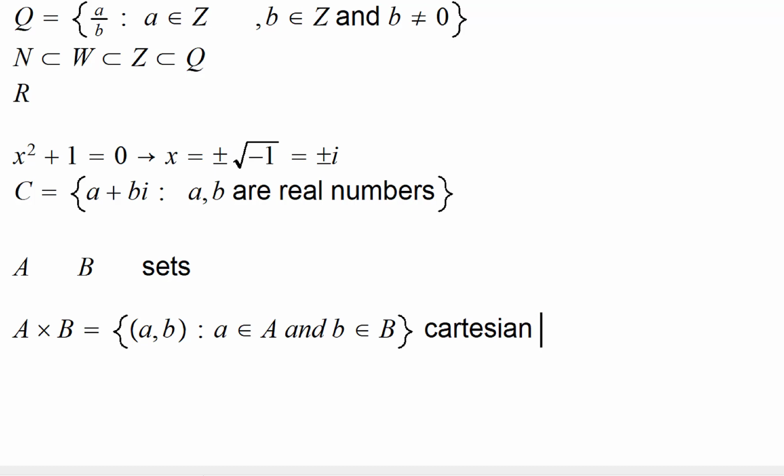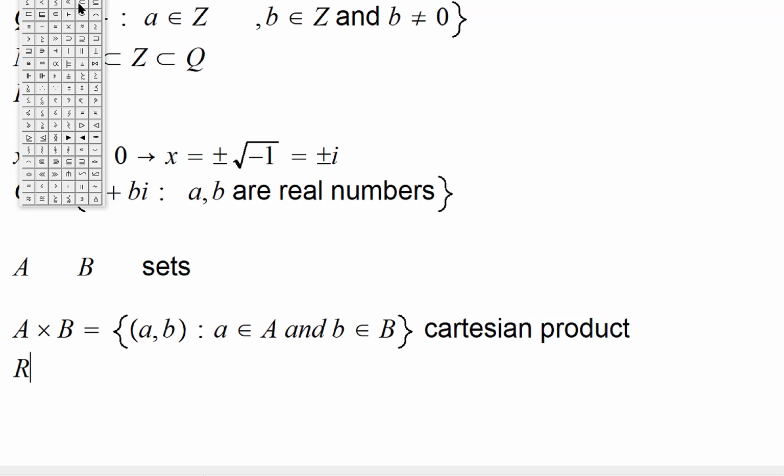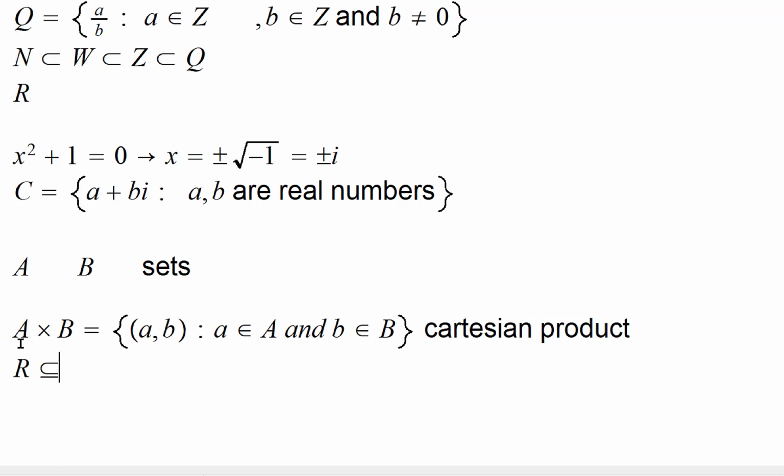Then if we take a subset of this Cartesian product, proper or improper, that is called a relation from A to B.